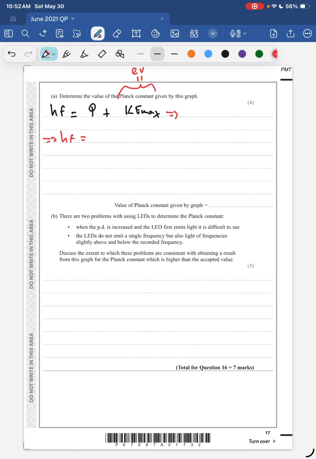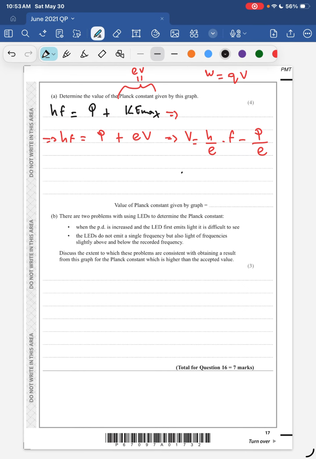H times F is going to be equal to the work function plus E times V, because the electrons acquire this kinetic energy by the potential, and remember that the work done by the electric potential is Q times V, so that's why we put E times V. Now let's solve for this potential difference. So V is H over E times the frequency minus the work function over E.